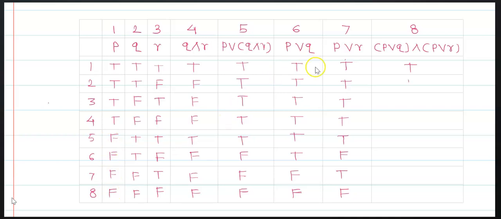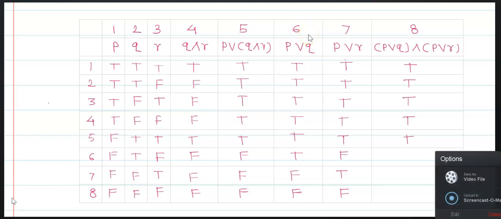Now we will find the AND between which two? That is the AND between columns 6 and 7. The first is true, second true, third true, fourth true, fifth true. What about the next? All of them will be false.